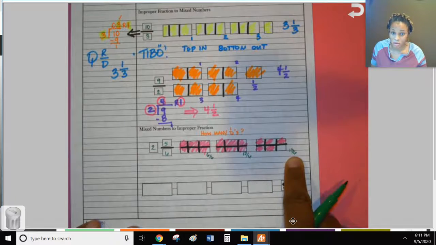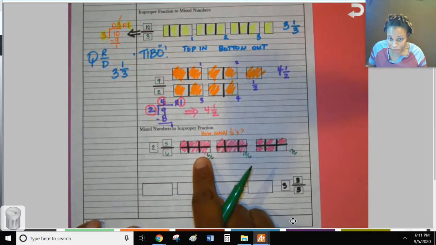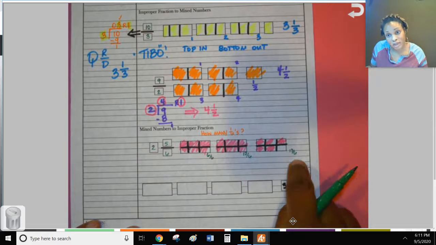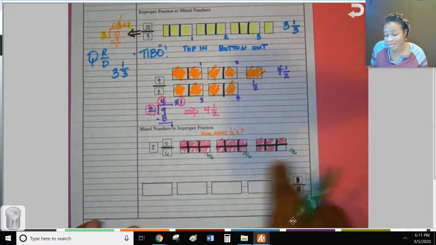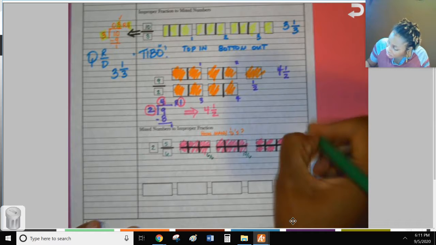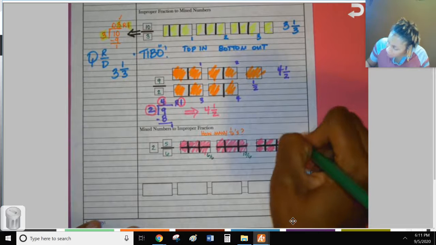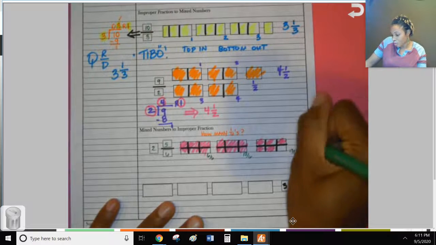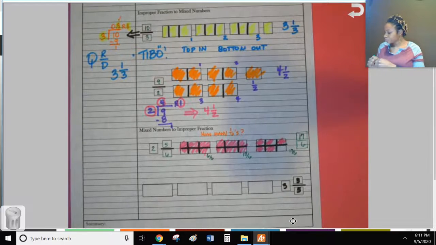So I have 6 here because the whole thing is shaded, and another 6 here, which makes 12. And if this was shaded, it would have been 18, right? But I'm 1 less. So 17/6 is the equivalent to 2 and 5/6. 17/6 is the improper answer.